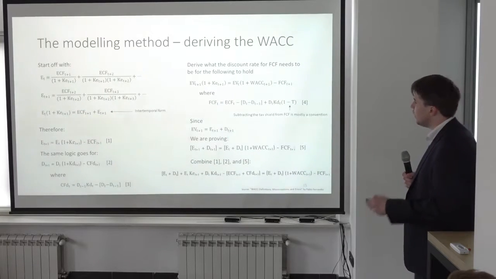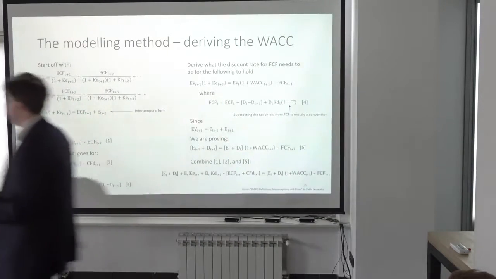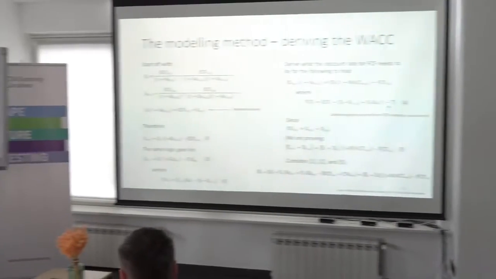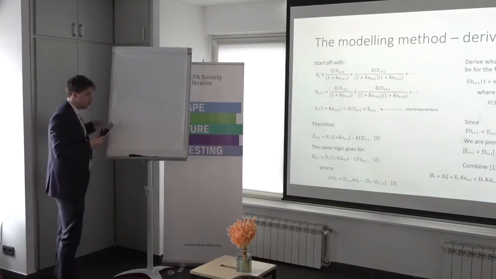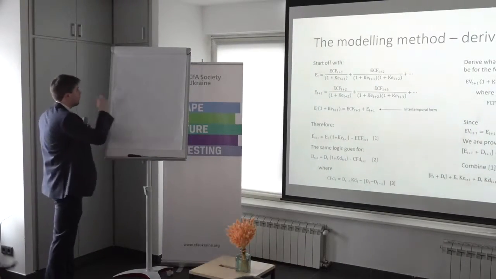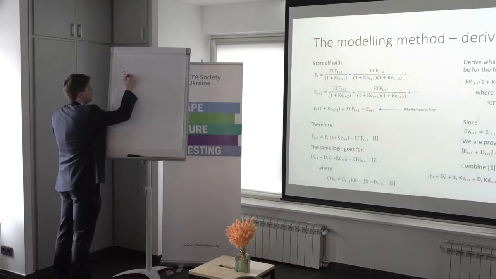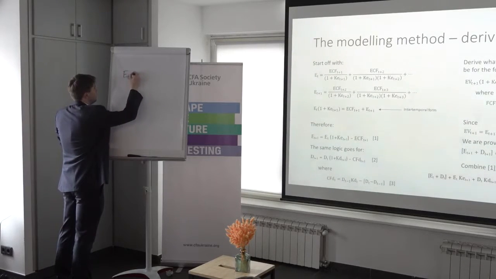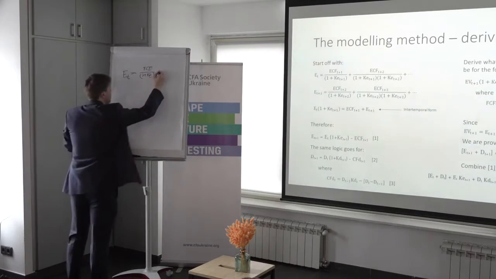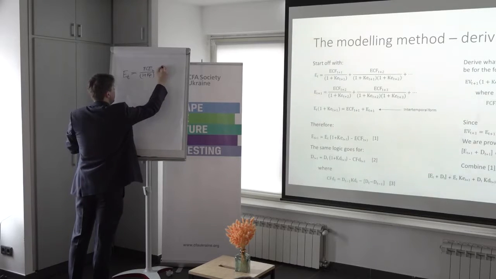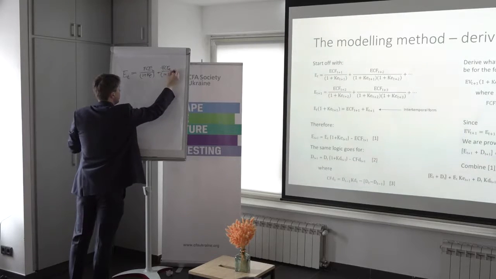And what does this mean? So okay, let me maybe write this down. I'm just going to assume that everyone knows what the DCF is like, and I'm going to say this, all right? So the value of equity is your free cash flow to equity divided by 1 plus KE, where KE is the cost of equity, in year 1, plus FCE of year 2 over 1 plus KE squared, and so on, right?